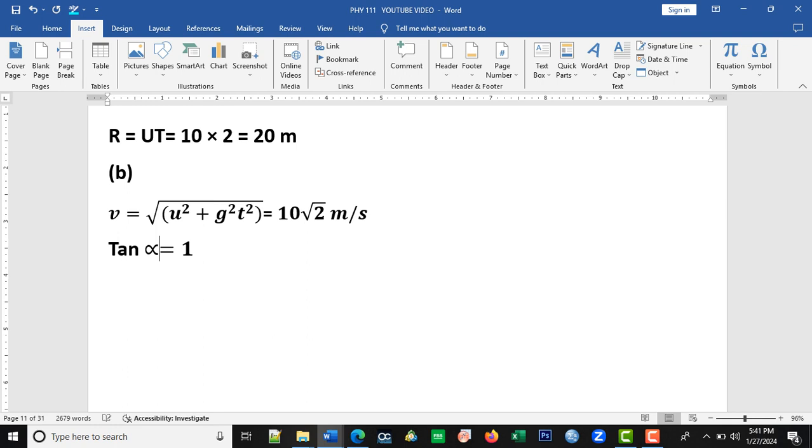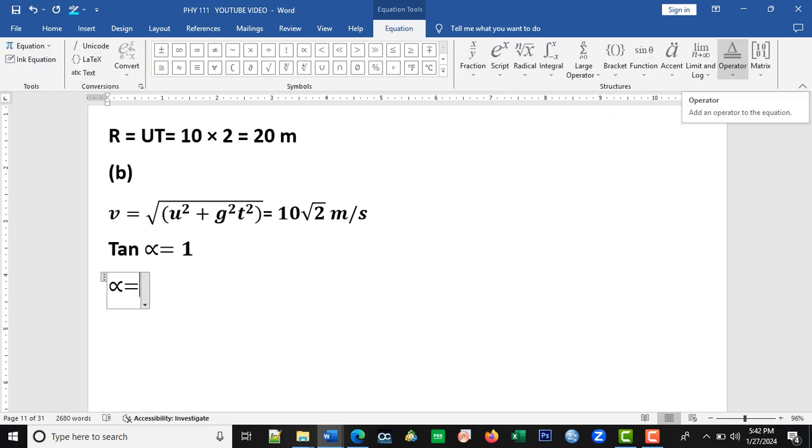Tan alpha is equal to 1. If we are to solve for alpha, we have to make alpha the subject of the expression. So alpha equals inverse tan, and then we put the value of 1.